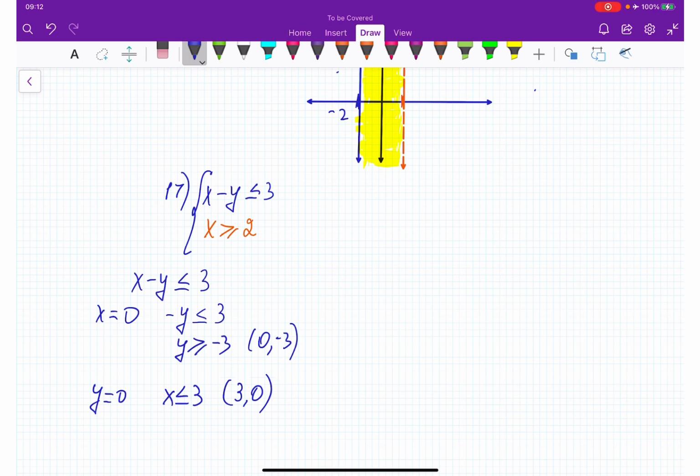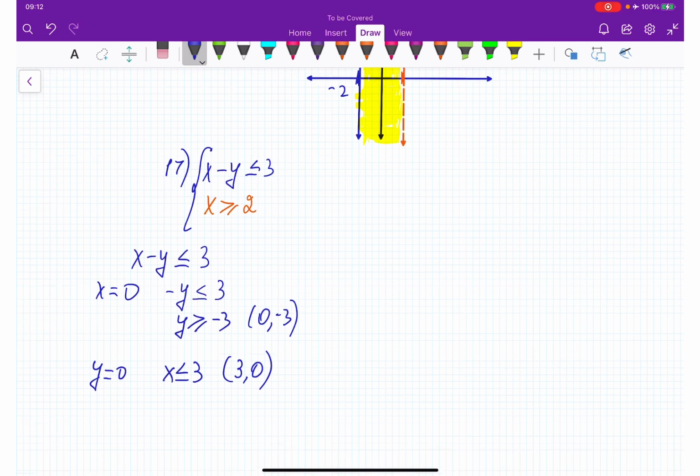Okay, x greater equal 2, there is nothing to solve. All we're going to do is just graph it. Here what we have. 0, negative 3, 1, 2, 3, and 3, 0, 1, 2, 3.